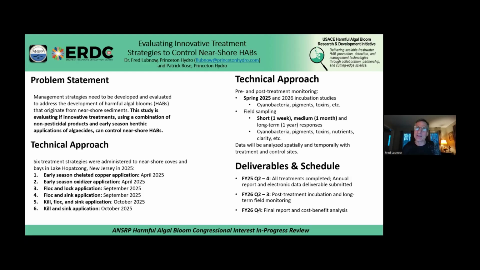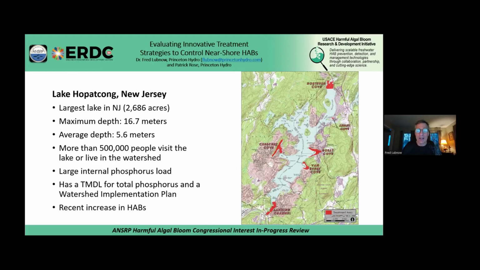We have one last sampling event for all of the 6 sites that were in the study that will be done this summer, and then this project will be completed, and we'll have the report available hopefully by the end of this year for everyone to review. But I do want to give you some of the information that we provided ERDC.